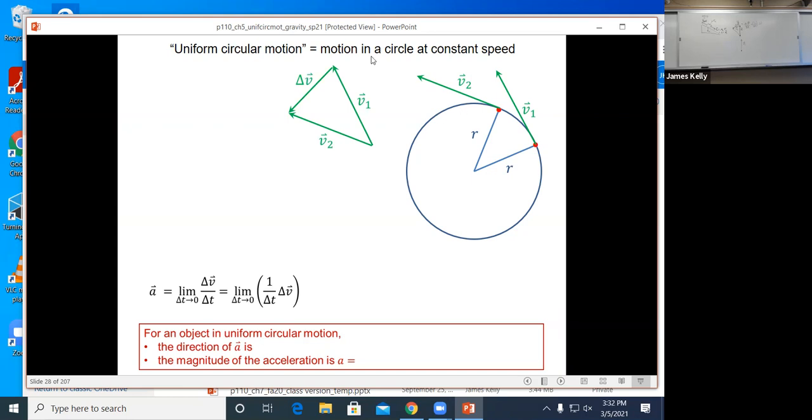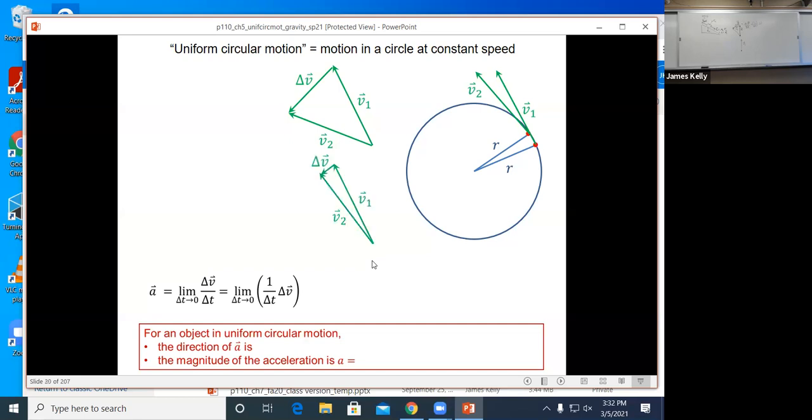Now, that's not going to give me a good idea because these weren't particularly close in time. We want this in the limit where delta t goes to 0, so where those two times are really close together. So let's back it up to try to get some intuition. I'm putting the times really close here, or at least close enough that I can still see the difference in the picture, but much closer than before.